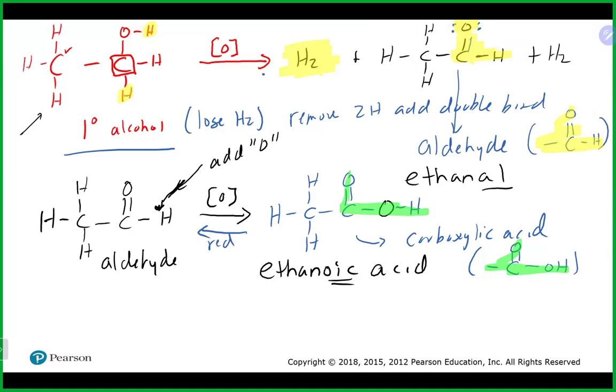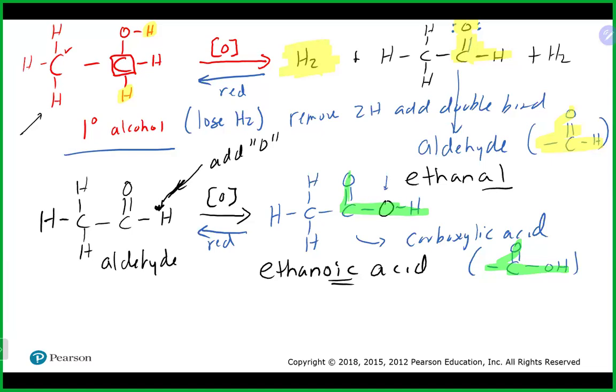And if you have the aldehyde, you could go this way and reduce it back to an alcohol. So it can go in both directions. Oxidation goes to the right, and going backwards is just the opposite reaction, which is the reduction reactions that occur along the way, where you would be removing the oxygen you put on and also adding hydrogen as you go back the other way as well.